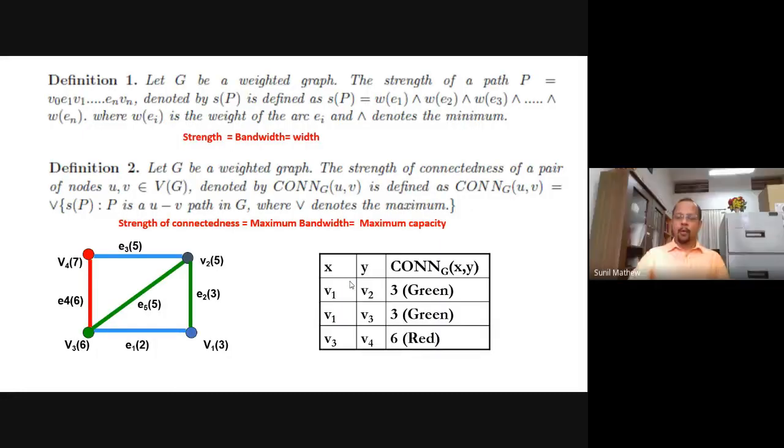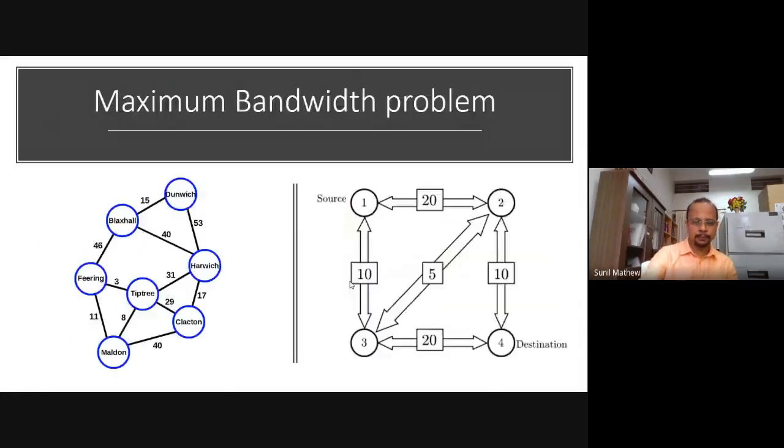Now, if you go back to the bandwidth problem, between Dunwich and Malden, you can see that there are plenty of paths. This is the possible bandwidth between Dunwich and Blackshall, 15. So what is the bandwidth possible along this path?